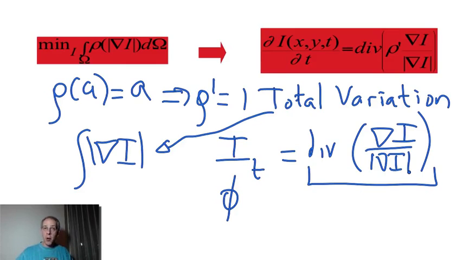We derived it from the Euler-Lagrange of the total variation, but we connected both of them, moving according to curvature of the level lines, and moving according to the Euler-Lagrange. The curvature of what? The curvature of the level lines of the image.